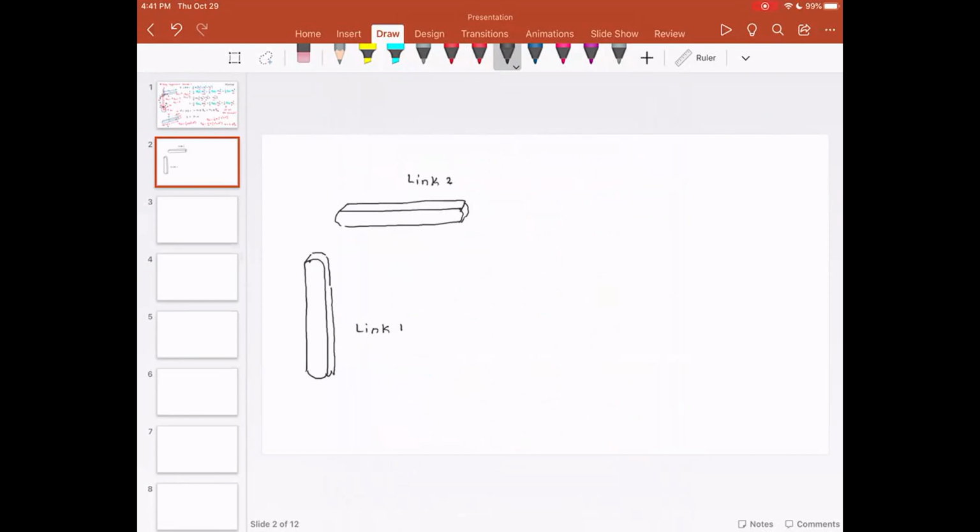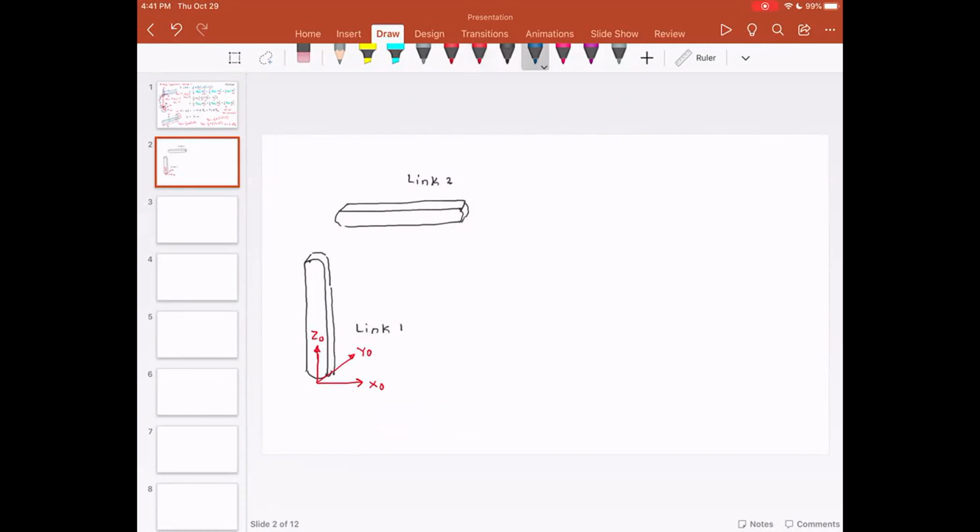And the question is, I want to find out Ixx, Iyy, Izz for both the links. Please note, before we start, let's identify the coordinates for our zeroth frame. Why the zeroth frame is very important is because all our velocities are in the zeroth frame. So I have z0, x0, y0.